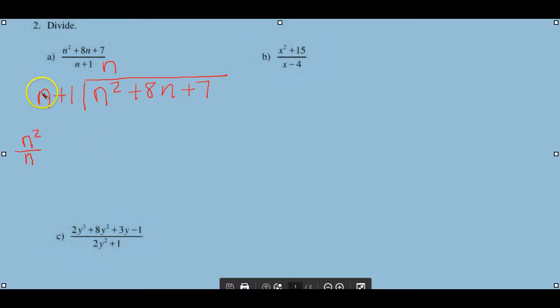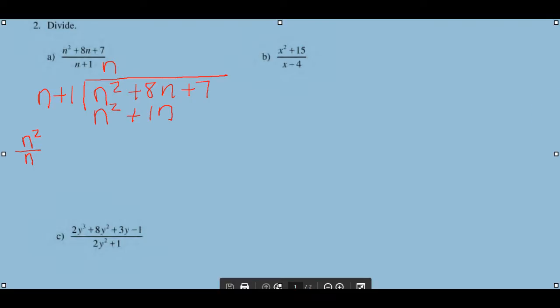Because now we're going to go n times n gives us n squared. We then go 1 times n, and this gives us a positive 1n. Now, what do we do here normally? Well, we're going to subtract.